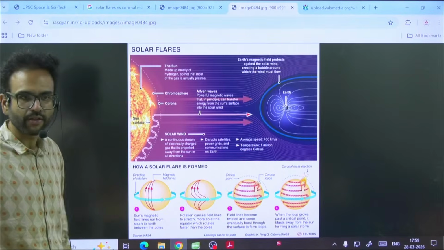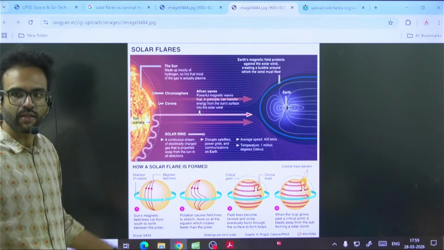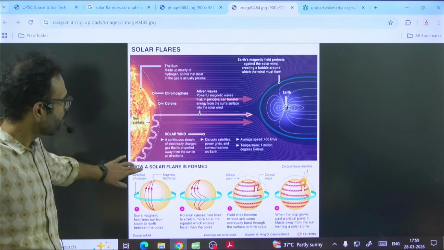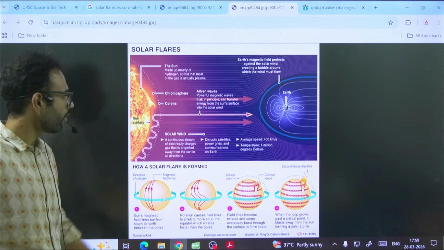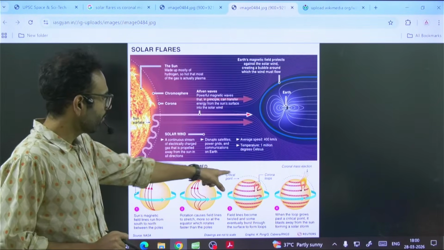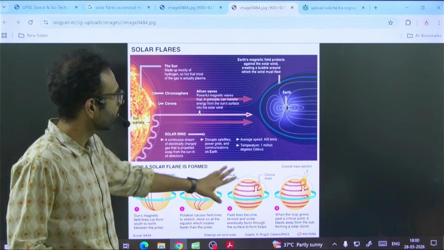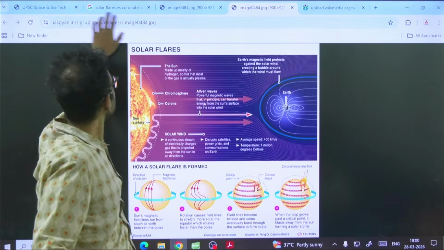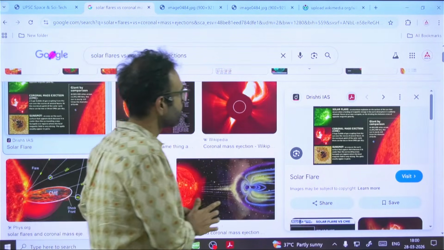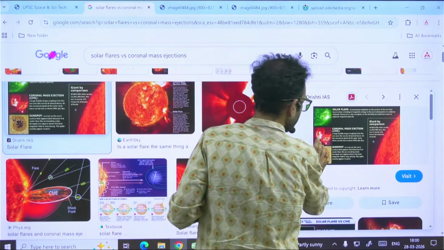You can lose electricity because they will interfere with the existing communication. So this is one thing. But how is solar flare formed? It is not important. Whenever you see the difference between solar flare and coronal mass ejection, that can be a question. Now, here is where I want you to know the same point.